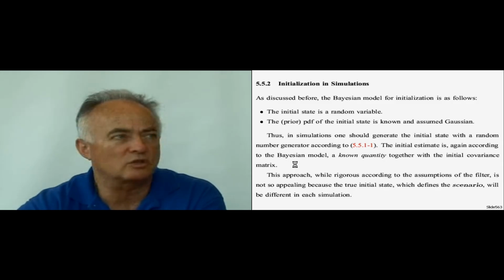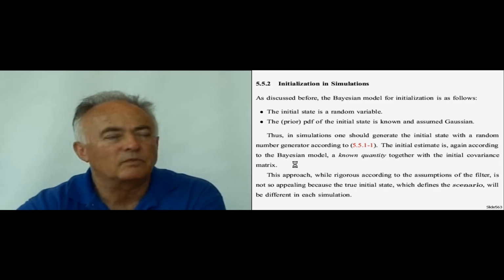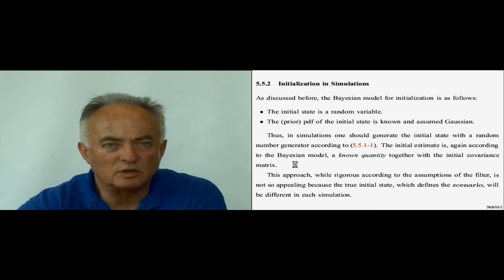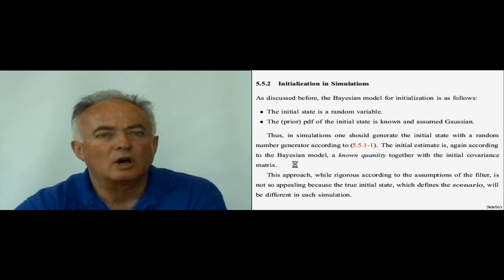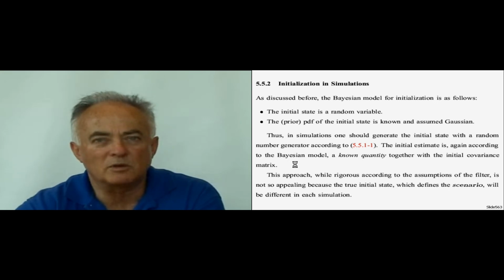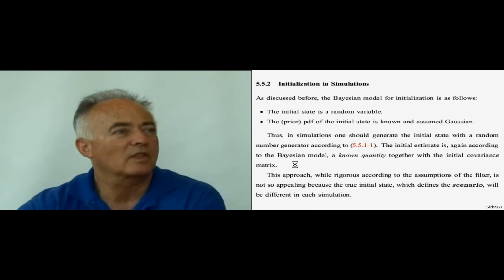Now, in simulation, and we will have to do in many cases an extensive number of simulations, there is a slight discrepancy between what the Bayesian model says and what the engineering common sense tells us.